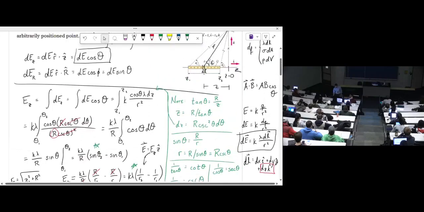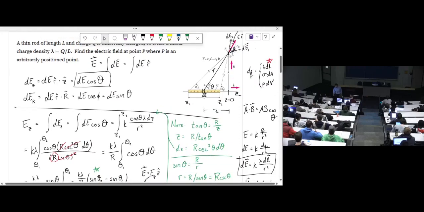So if you look at sine of theta 1, for example, as this thing goes way out to infinity, then theta 1, no matter how big R is going to be, is going to drop to 0.